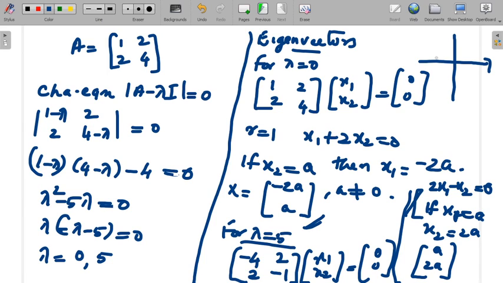Okay, this is the first direction we get. Then the next vector is 1, 2. X is 1, y is 2. This is the next direction. This is minus 2, 1 and 1, 2.